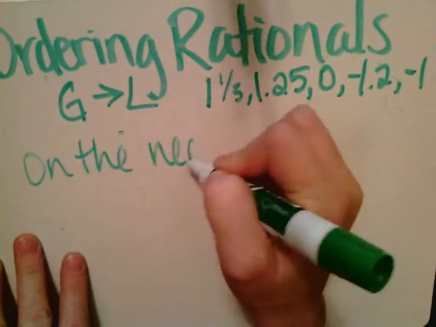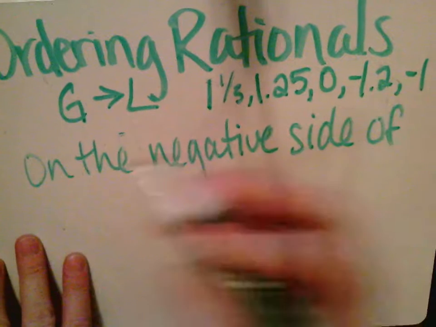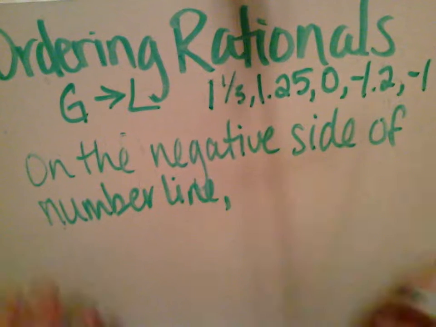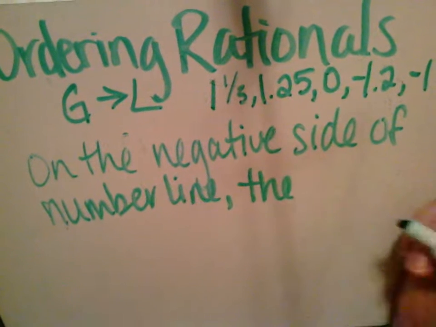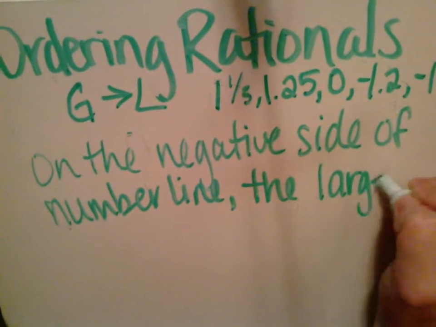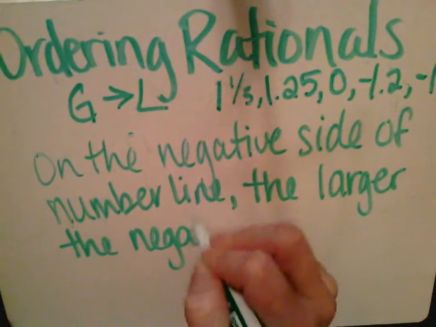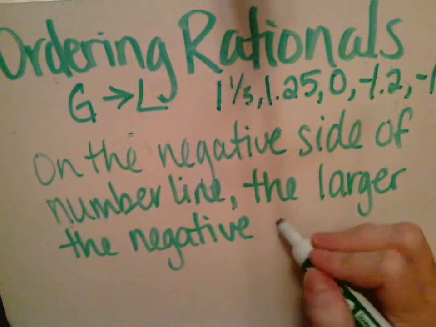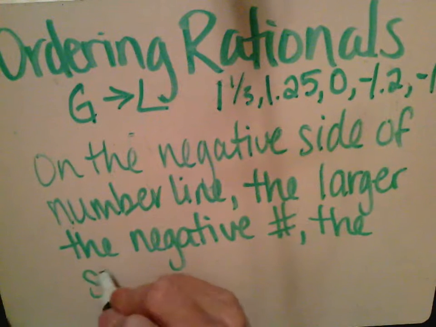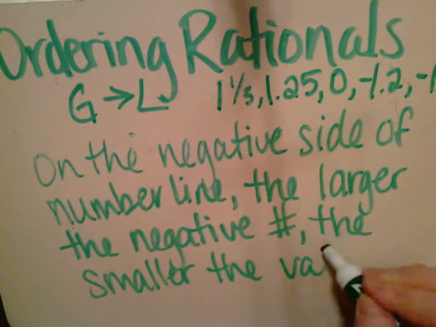On the negative side of the number line, the larger the negative number, the smaller the value.